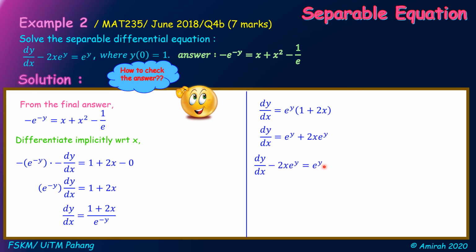From here, we can compare with the given question, and it is equivalent. This means that the answer is correct, because when we differentiate back, we can retrieve the given question. So this is the correct answer.